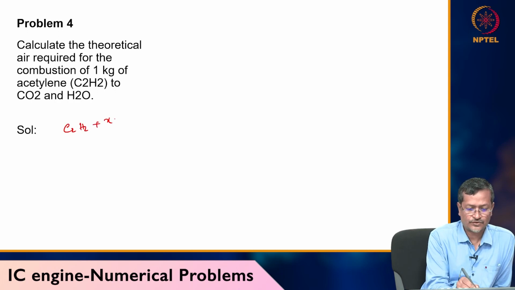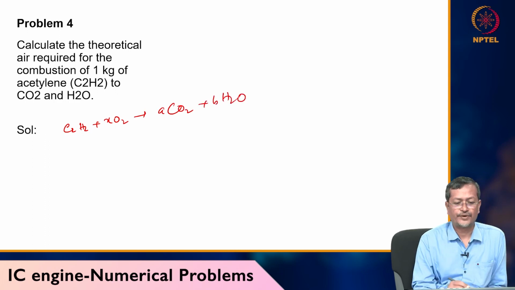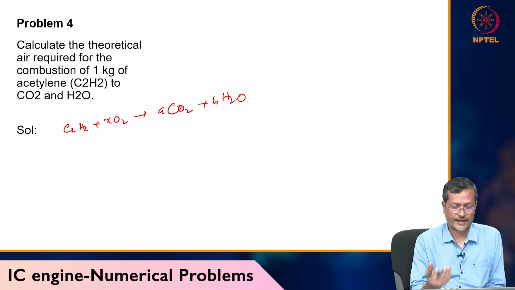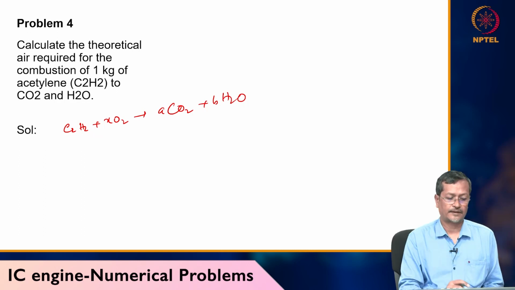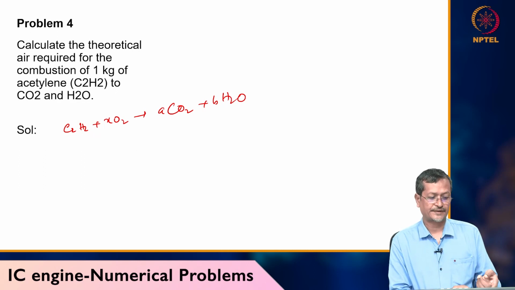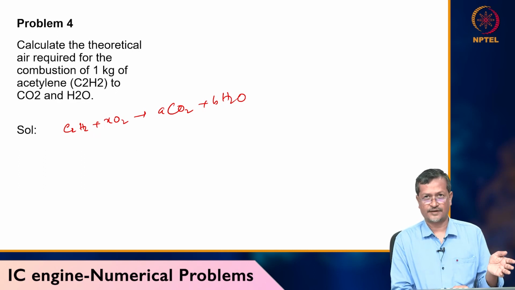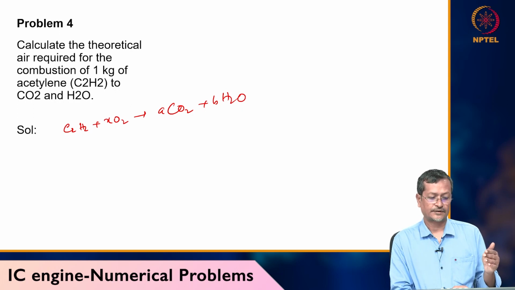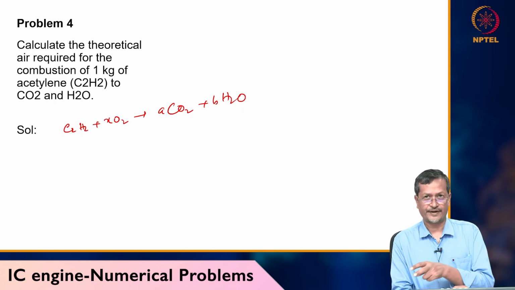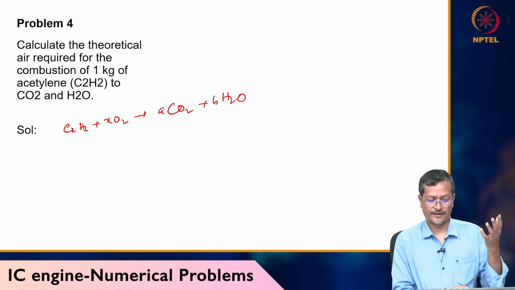C2H2 plus x O2 gives a CO2 plus b H2O, because initially you don't know the balanced equation. We are assuming that you don't know it; we may know, but if you have a bigger long-chain hydrocarbon, for example instead of C2H2 maybe C10H20 or 22, then balancing will be very difficult using mental calculation.